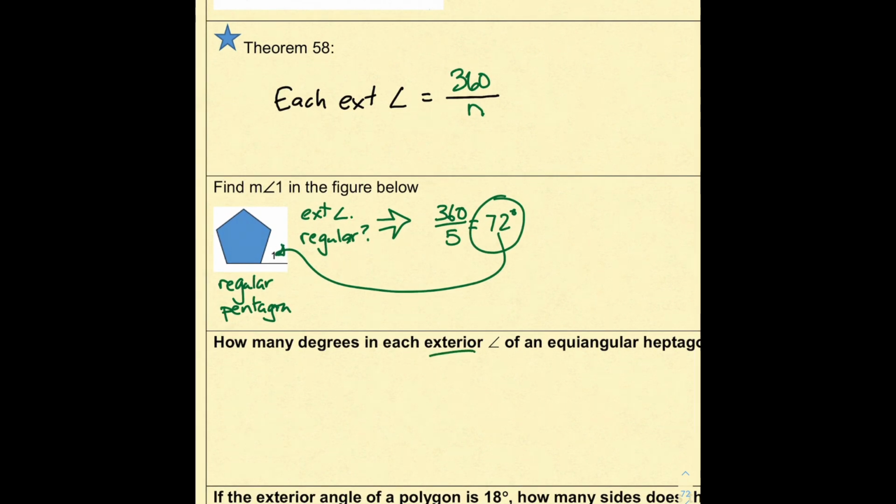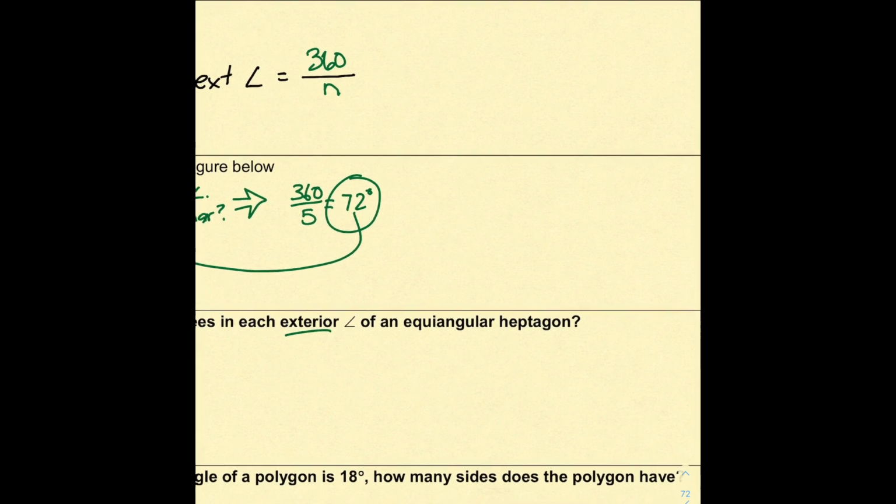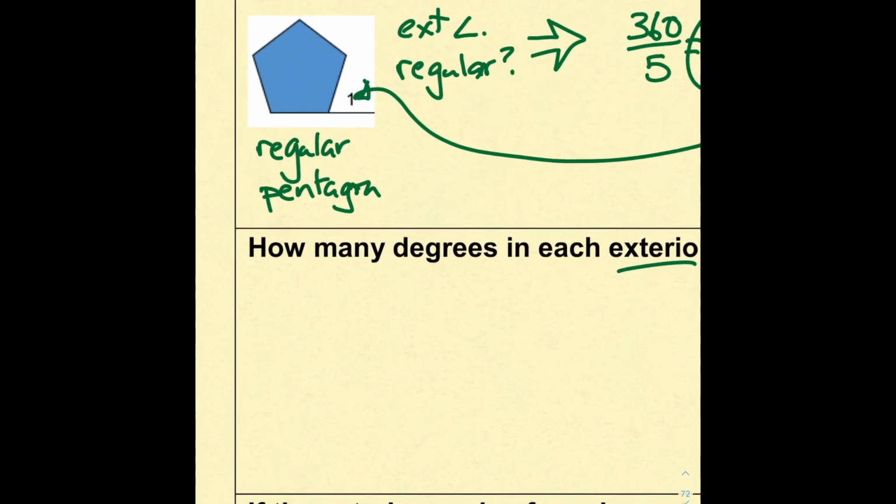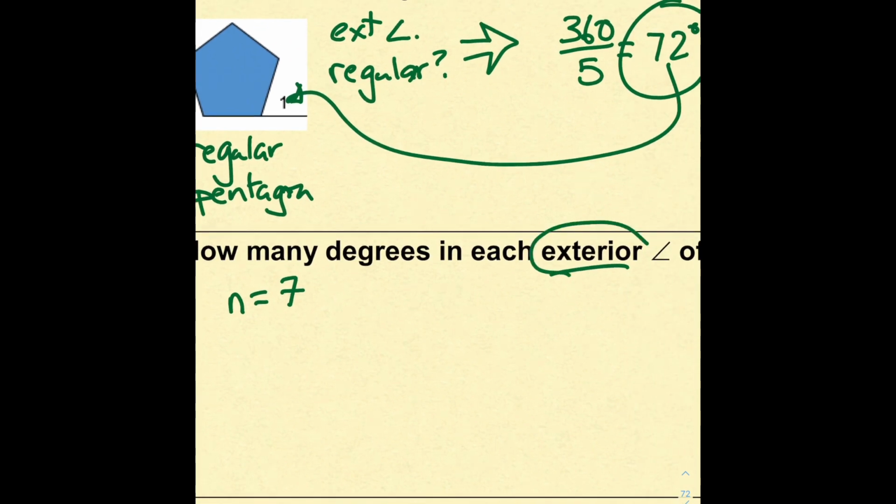How many degrees in each exterior angle of an equiangular heptagon? So a heptagon has 7 sides. Again, some books will call it a septagon, other books will call it a heptagon. Kind of depends whether you're using Latin or Greek. Anyway, we know that n equals 7. So if I take my exterior angle sum, again, we're looking for the exterior.